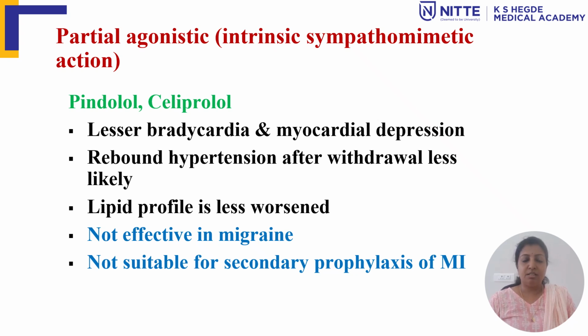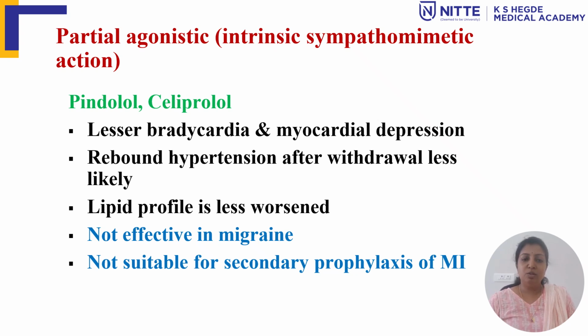But these drugs also have some amount of agonistic action on beta 1 and beta 2 receptors submaximally. So they have a somewhat partial agonistic action. They are not completely antagonist and not completely agonist.